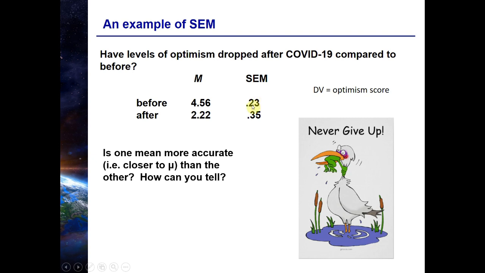All right. If I were to give you a question and say, is 0.23 for an SEM big or small? And I didn't tell you anything else, then you'd have to say, there's not enough information to answer the question. You have to at least know the mean in order to see if it is big or small relative to the mean.